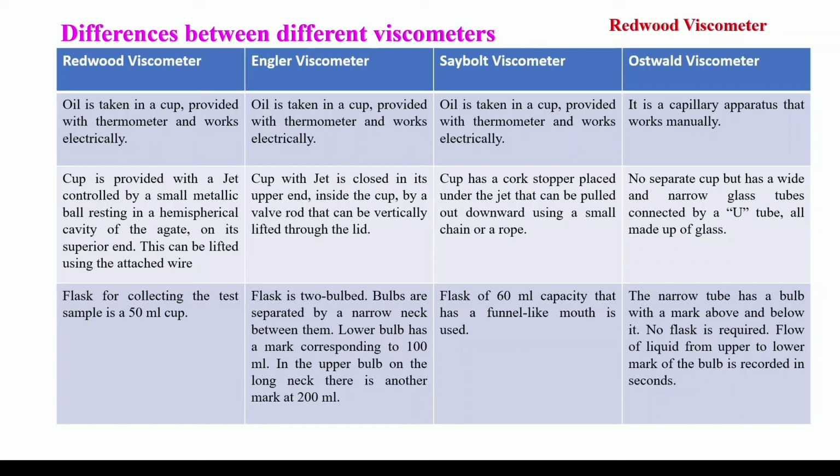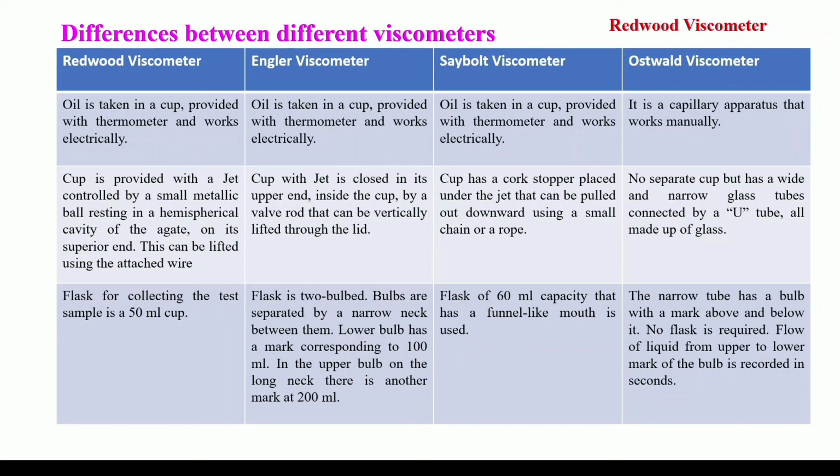Whereas in Ostwald viscometer, the two capillaries are connected by a U-tube, one narrow, the other wide. The lubricating sample is taken in the wide limb and it is sucked into the narrow limb, which is also having a small bulb with a mark above the bulb and a mark below the bulb.